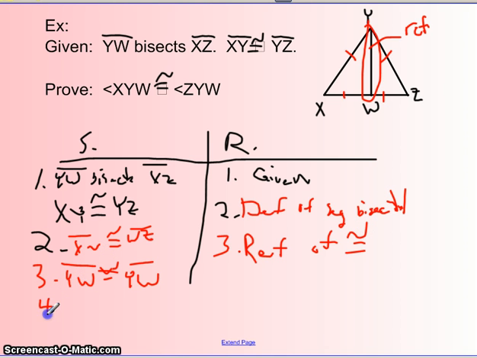So number 4 is we've got all 3 sides now marked congruent, so it's going to be side, side, side, and we're going to say that triangle XYW is congruent to triangle ZYW.